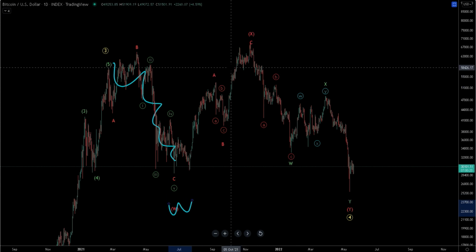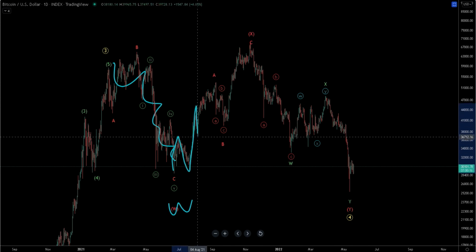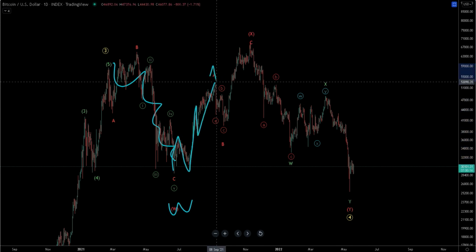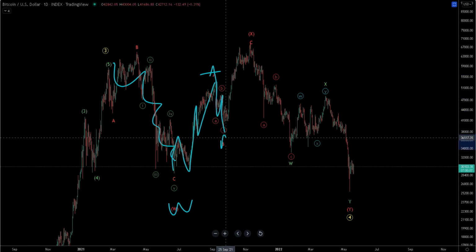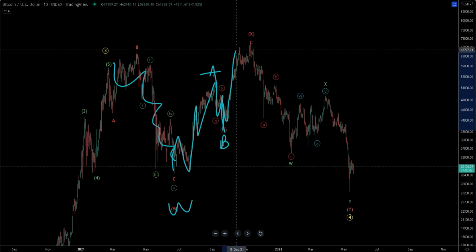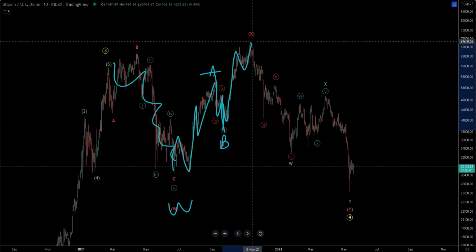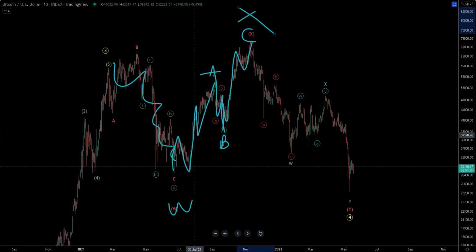Then we got a zigzag. 1, 2, 3, 4, 5 for an A. 1, 2, 3 for a B. 1, 2, 3, 4, 5 for a C into a bigger X wave.